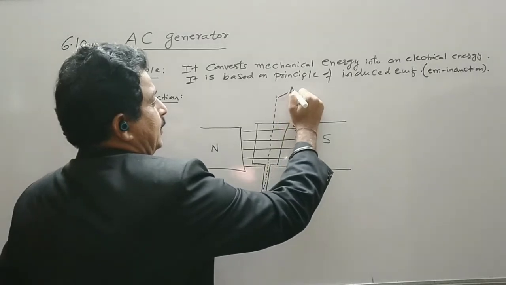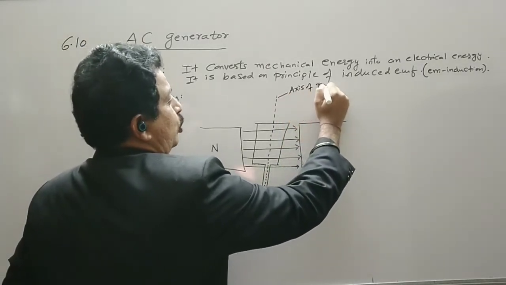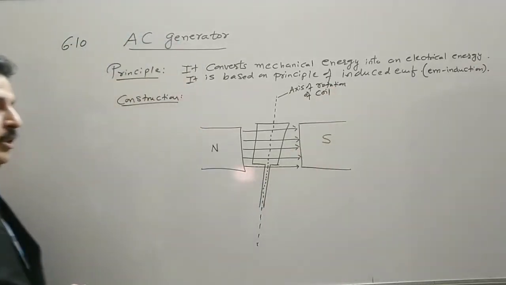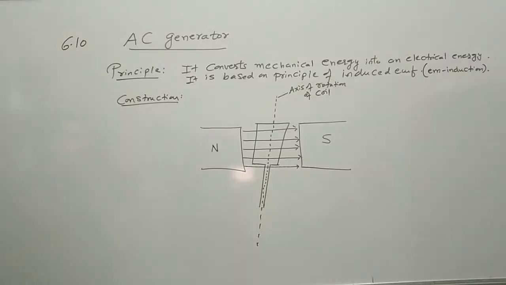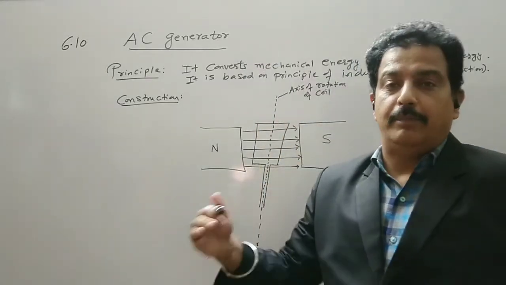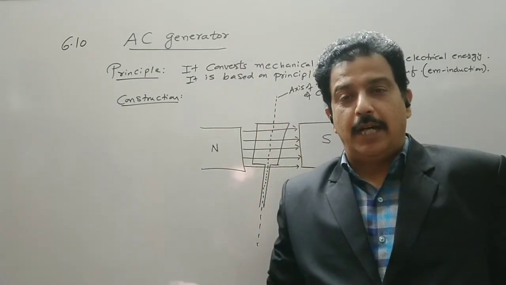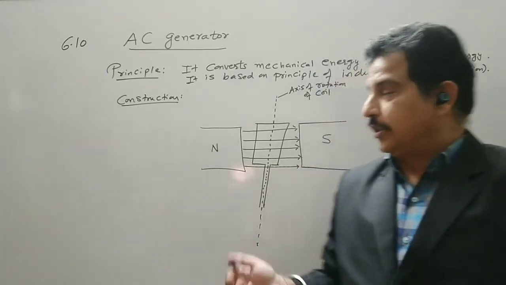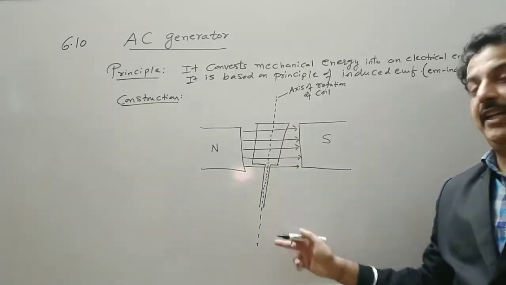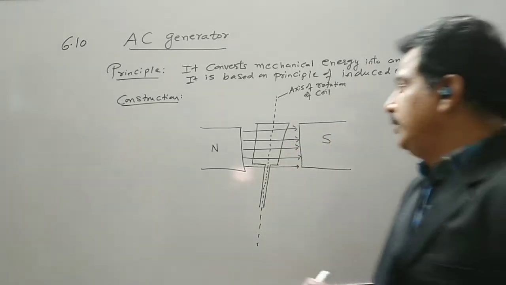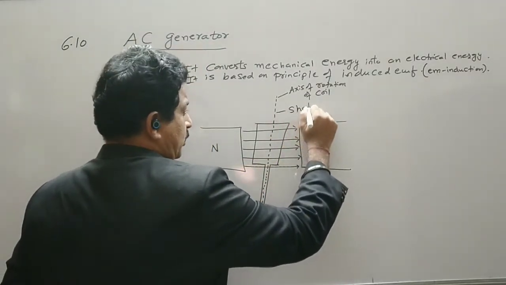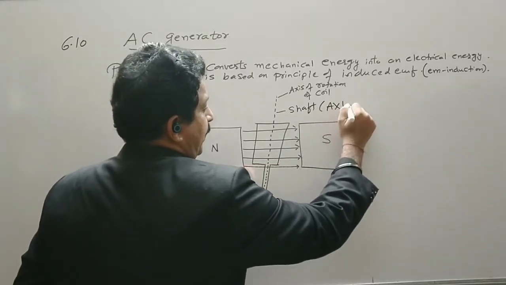This is the axis of rotation of the coil. This coil is rotated by an external means, that is by some mechanical energy. So this coil has to be rotated. This coil having N turns is mounted on the shaft, which we call a motor shaft or sometimes axle.